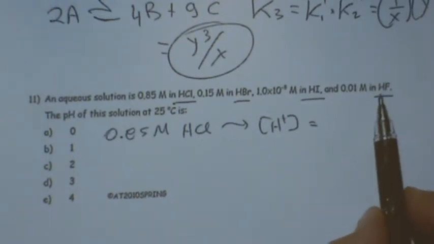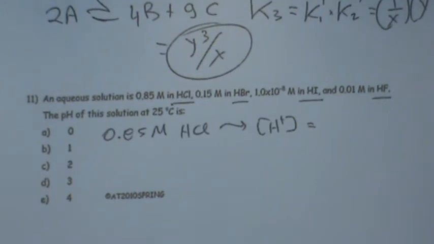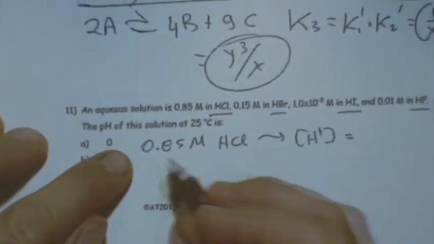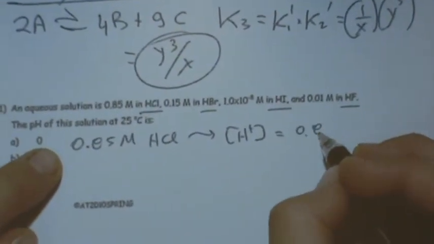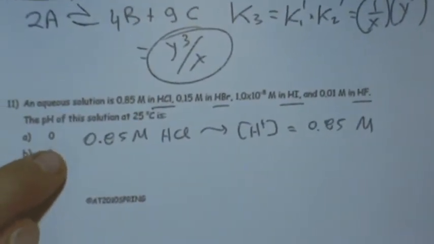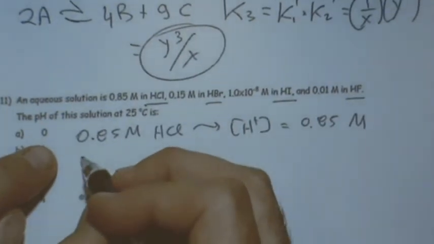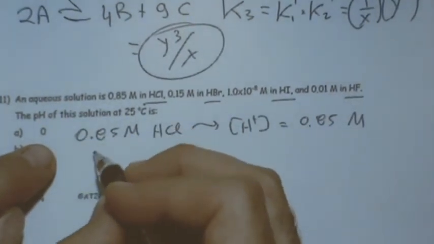And you know that when you have strong and weak, you completely forget the contribution of hydronium ions from water ionization or weak acids to the total concentration of hydronium ions. You just consider the ones that come from strong acids. So, hydrochloric acid is strong, then this will give you how much? 0.85 M, correct? The hydrobromic acid is how much? 0.15.